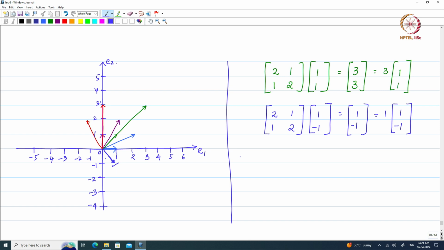So, we are going to call such vectors the eigenvectors, and the scaling factor that is associated with these vectors the eigenvalues. So, let us write the definition.